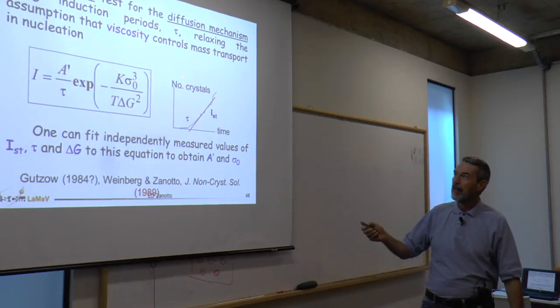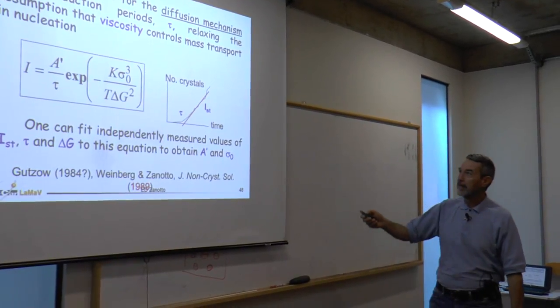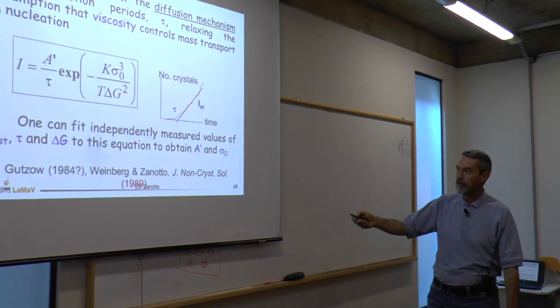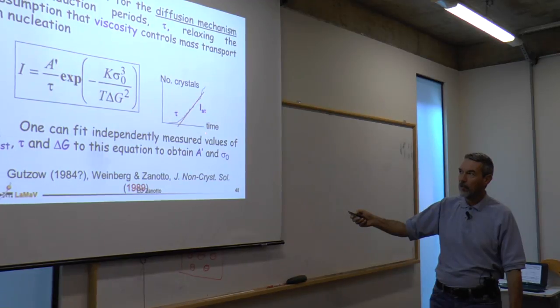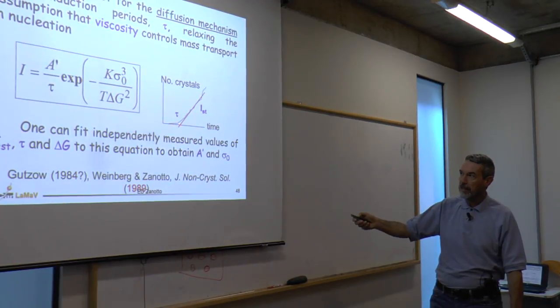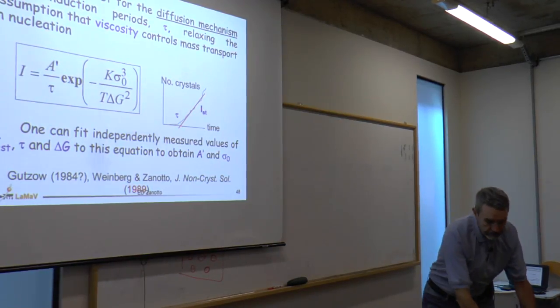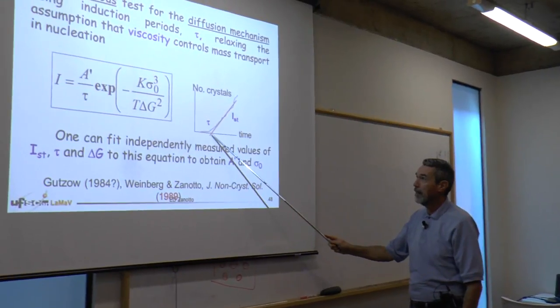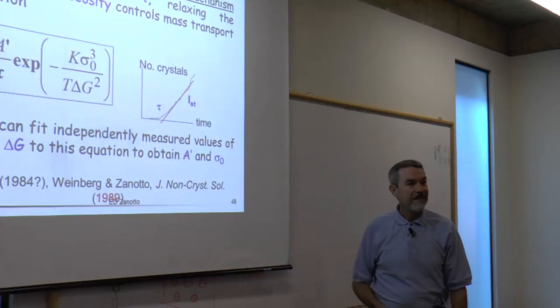You see, as I have said, when you measure nucleation rates, you are dealing with the number of crystals versus time. In doing that, there is an induction time, this is the induction time, before steady state conditions are reached.